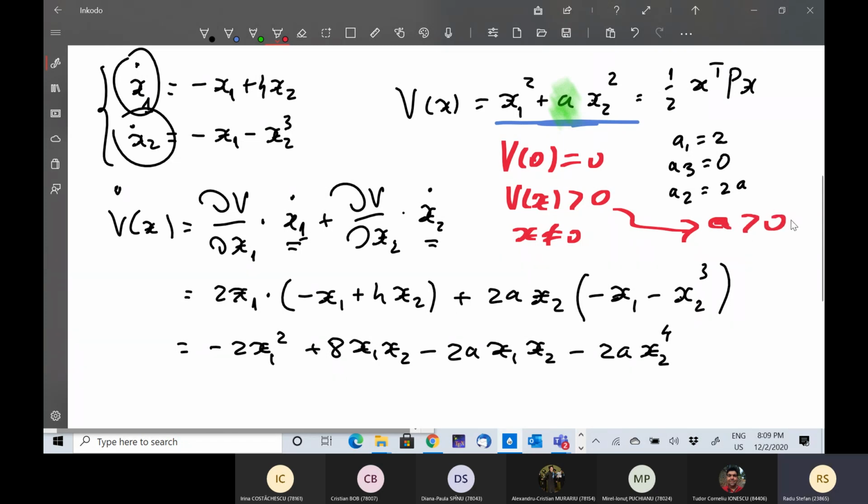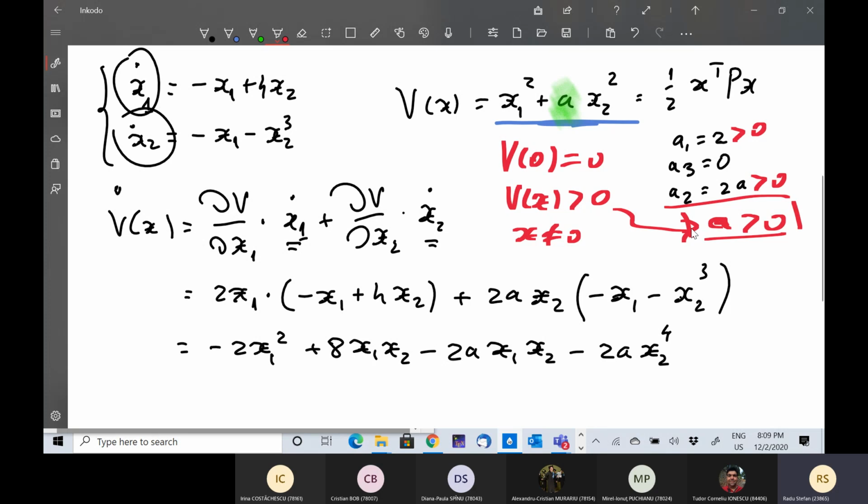Nothing else. It's the condition from last time: a1 greater than 0, a2 greater than 0, a1 a2 minus a3 squared greater than 0, but a3 is 0. So this is the condition we end up with just to have the right Lyapunov function candidate.